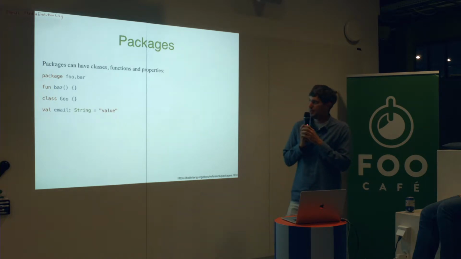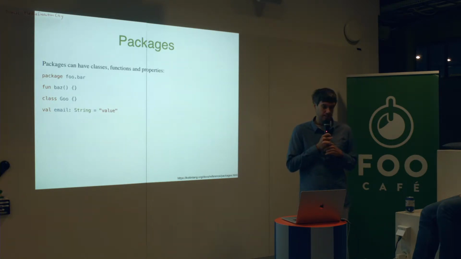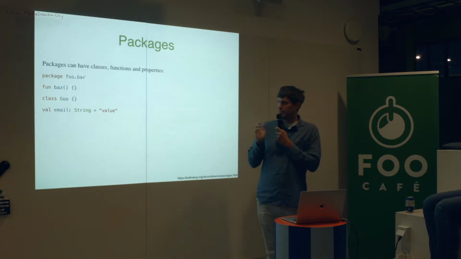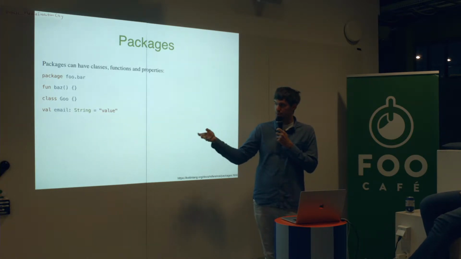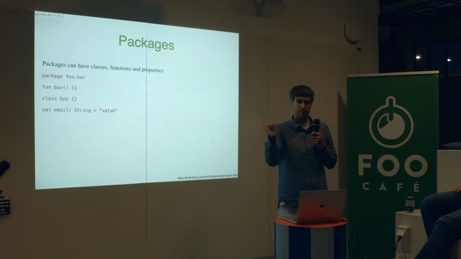Okay, so packages. This is really cool, I think, because packages in Kotlin can have functions, not only classes, like you have in Java. So you can have functions, and you can also have properties in a package. But it's especially nice to have functions, because many times in Java you create these utility classes. You have them all over the place.